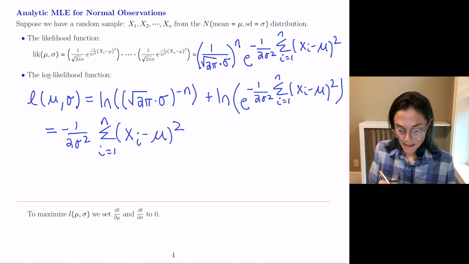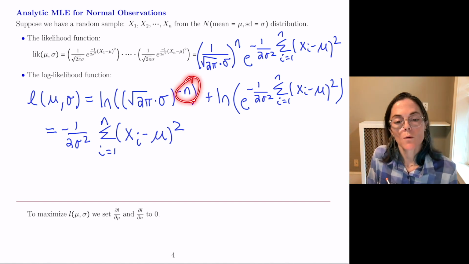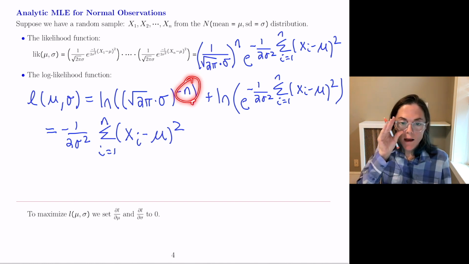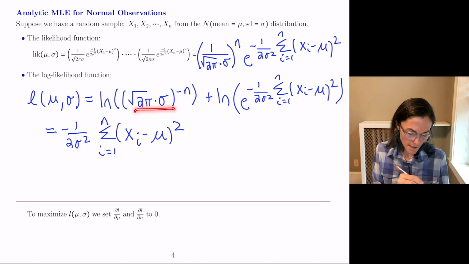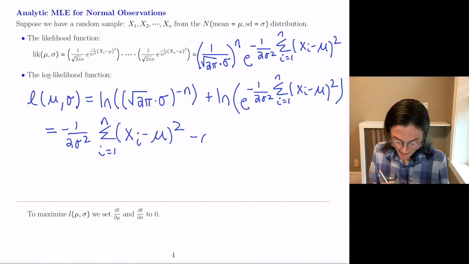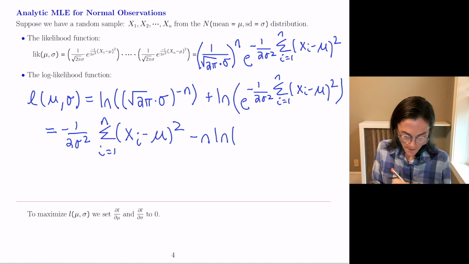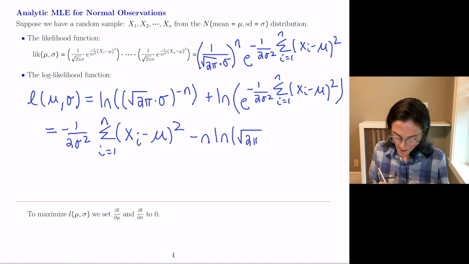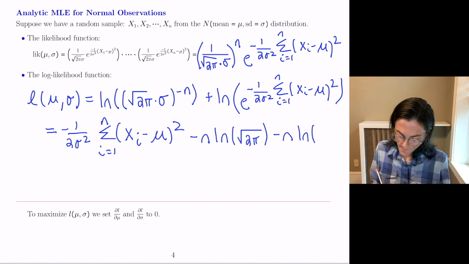Now we can bring this constant out in front. It will be minus n, but I can also break this into a sum once I do that. So I'm going to do 2 steps at once. We will have minus n times ln square root 2 pi, and then minus n times ln of sigma.